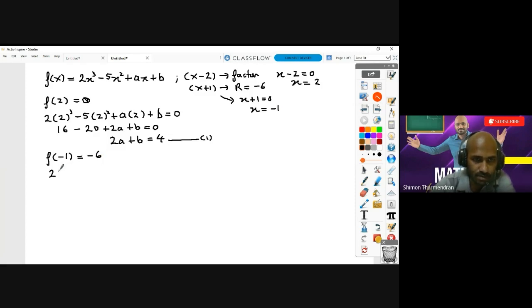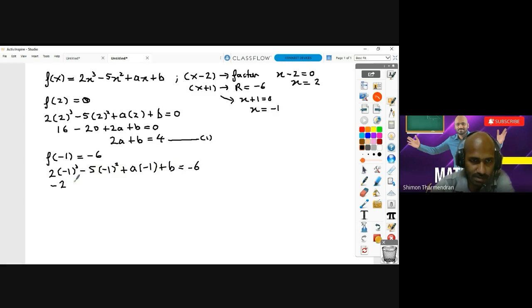So we have got 2 into minus 1 cube minus 5 into minus 1 squared plus a into minus 1 plus b, and this time it equals to the remainder, which is minus 6. Minus 1 cube is minus 1. Minus 1 times 2 is minus 2.